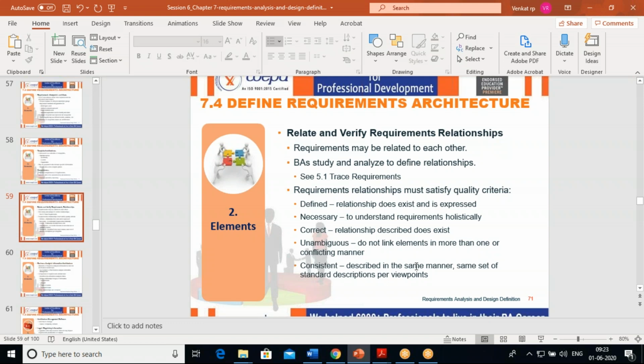And the quality criteria: a requirement should be defined, that means a relationship does exist and it should be expressed, and it is necessary to understand the requirements holistically. Correct: the relationship described does exist. Unambiguous: do not link elements in more than one or a conflicting manner. And consistent: described in the same manner in the same set of standards, descriptions as per the viewpoints. That means requirements should have this.